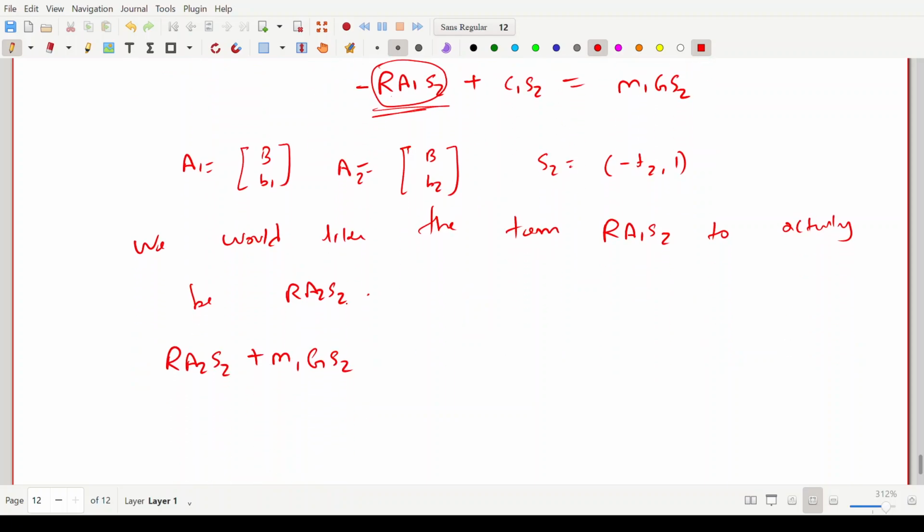What I can do is write R here, and I can add and subtract: A2 minus A1 S2 plus R E1 S2 plus M1 GS2. What I have done is added this RE1S2 and subtracted this RE1S2.